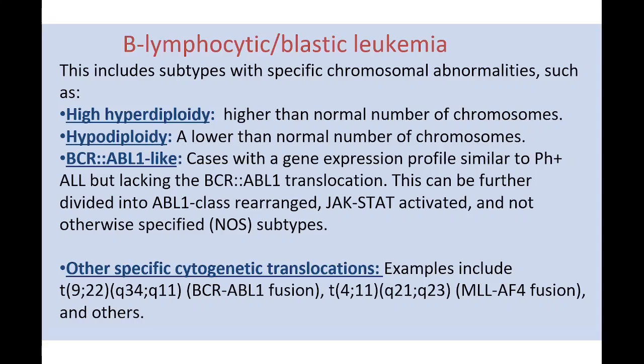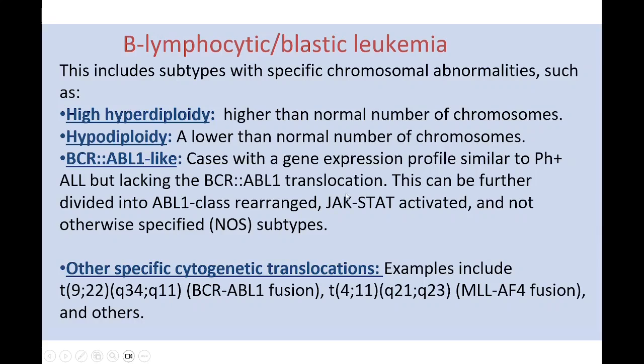This balanced reciprocal translocation between the long arms of chromosomes 9 and 22 results in the fusion gene BCR-ABL1. The oncogenic protein with persistently enhanced tyrosine kinase activity transcribed by the BCR-ABL1 fusion gene can lead to rapid and uncontrolled growth of immature white blood cells.